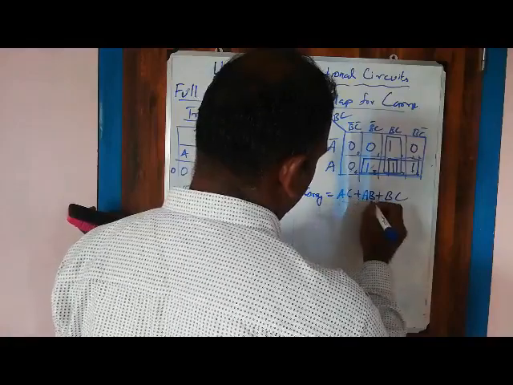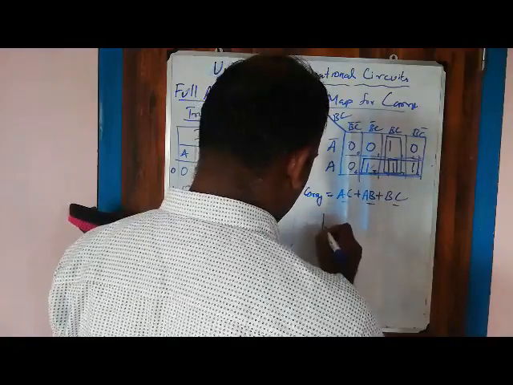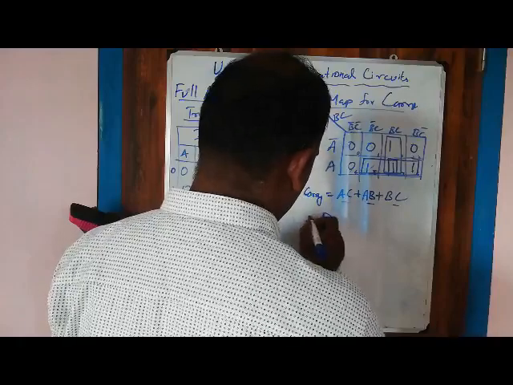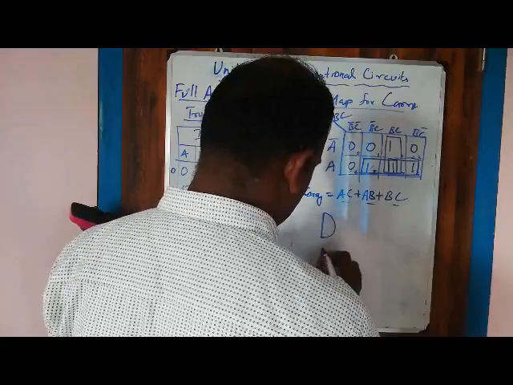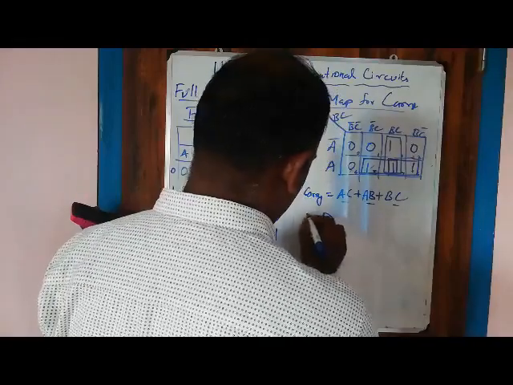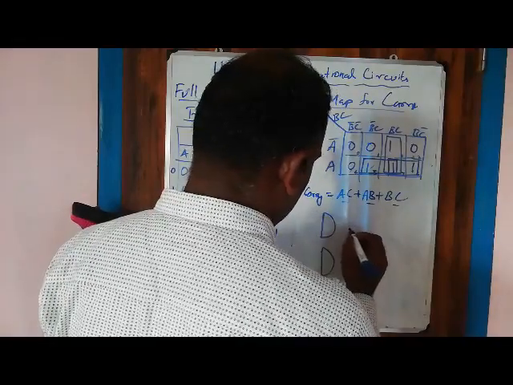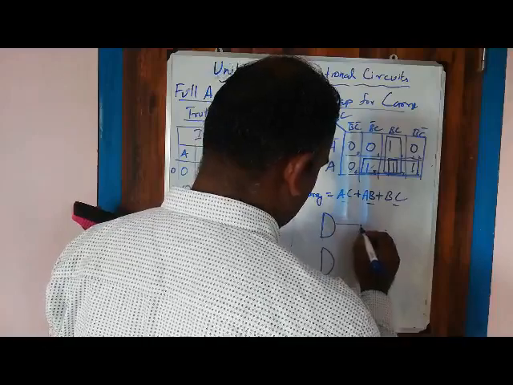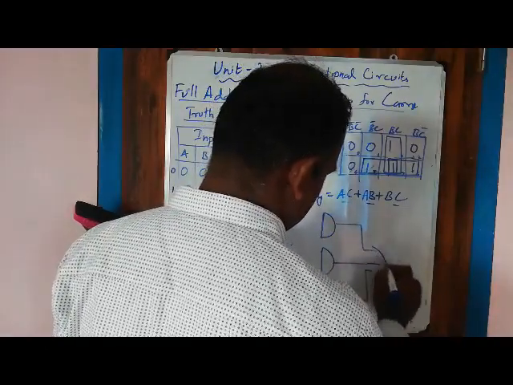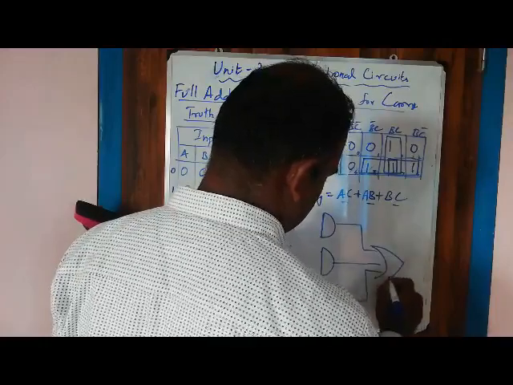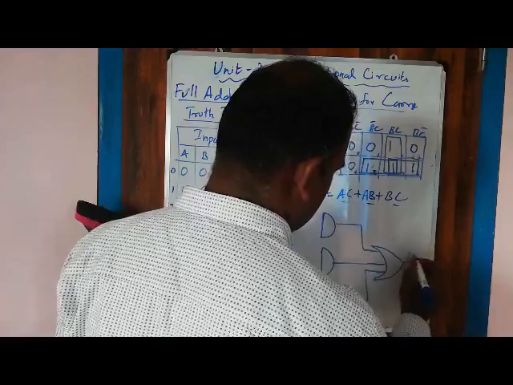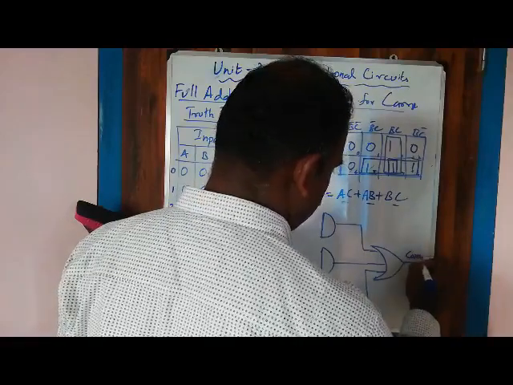So we have to use 3 AND gates. All gates are added with an OR gate. So this is carry.